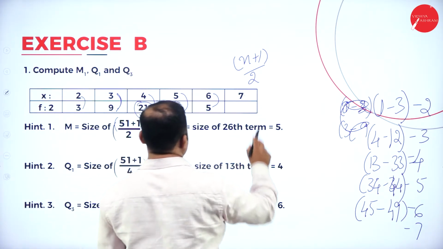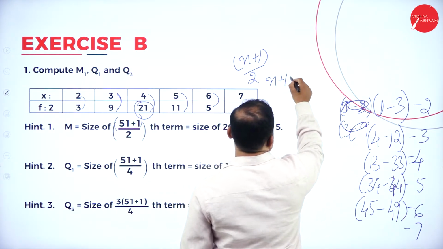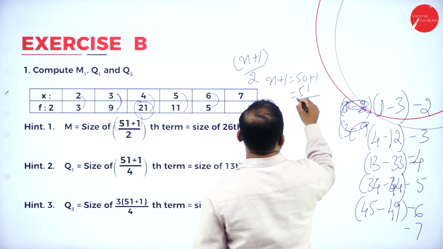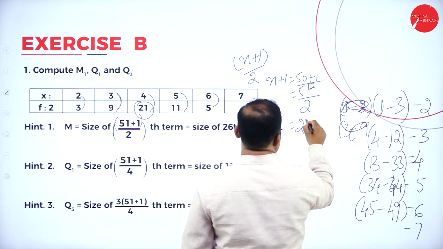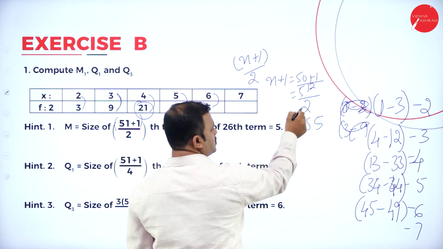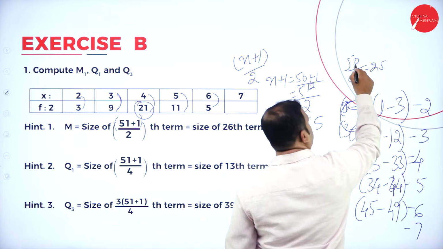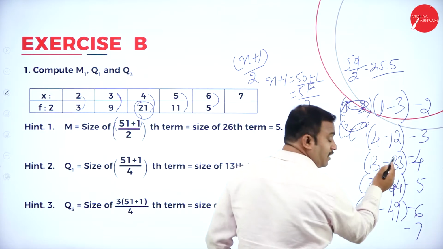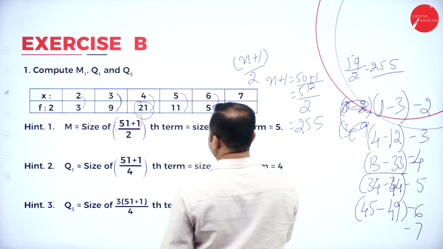If you add up all these frequencies, n plus 1 is equal to 50 plus 1, that is 51. 51 by 2 is equal to 25.5. 25.5 belongs to which range? Between 13 to 33. So we are left with this term.